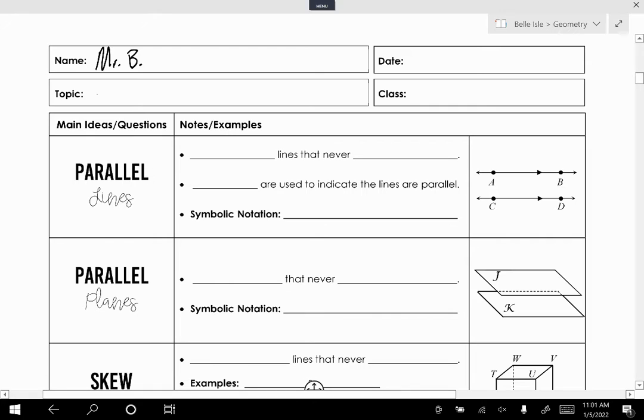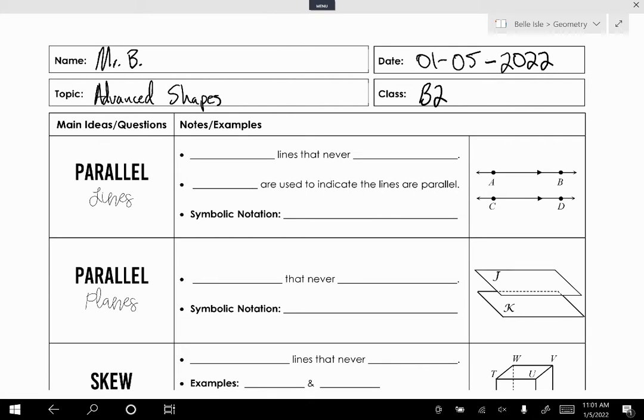Please fill in your notes. Okay. So we're talking about parallel lines and parallel planes first.